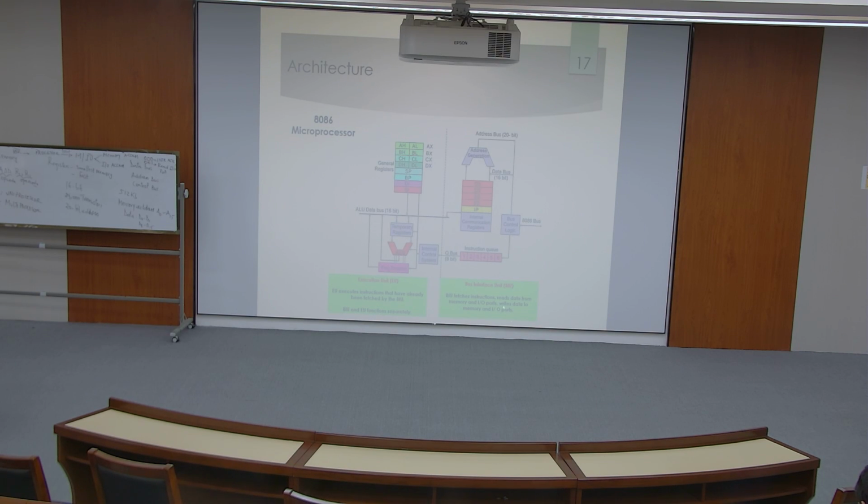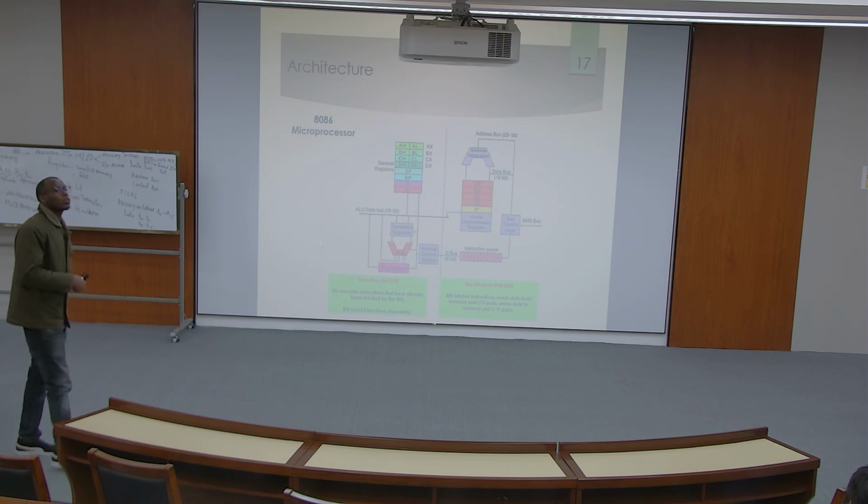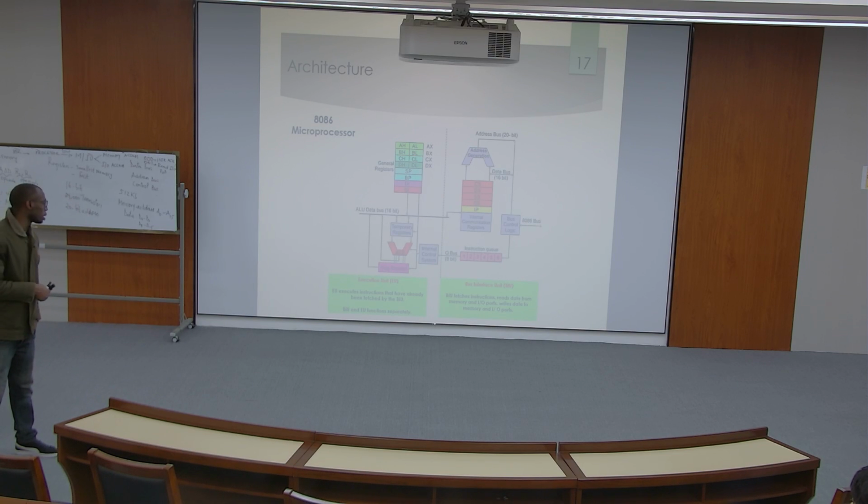So here we have the BIU, which is there to fetch instructions from the memory. It has to read data from the memory or input-output, and write data to the memory or to the input-output. The execution unit, on the other hand, is there to execute the instructions that have been fetched by our BIU.